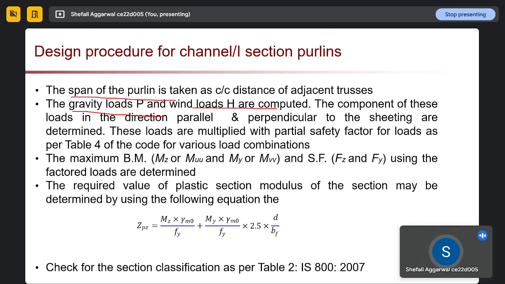And from there, we are calculating our bending moment and shear force using the factored loads we have calculated. And from the bending moment, we are calculating our section modulus. And from the section modulus, we are checking the section classification as per Table 2 of IS 800.